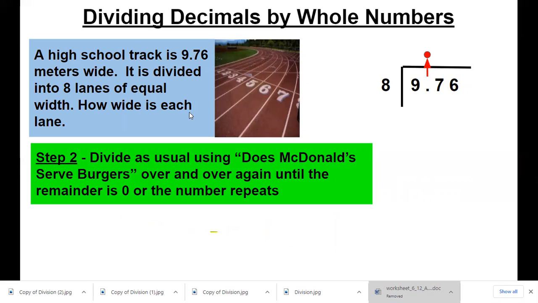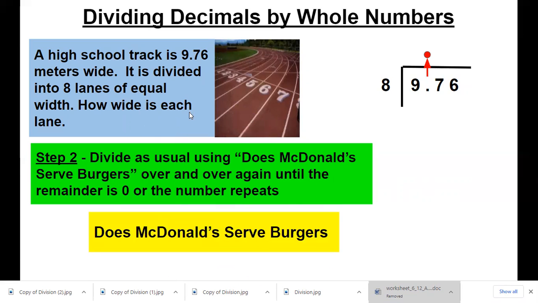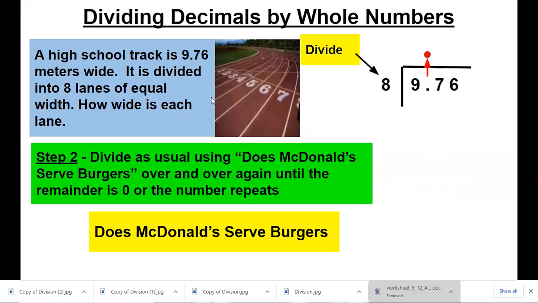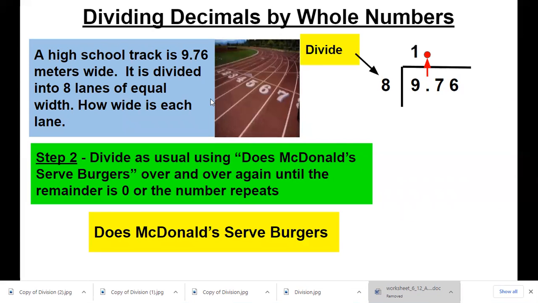So there's our Does McDonald's Serve Burgers? So we start with does. That's divide. So we're going to divide the 8 into the 9, right? So 8 into 9 goes 1 time. If I go twice, I go over, because 2 times 8 is 16. That's too high. So 8 times 1 goes into 9.